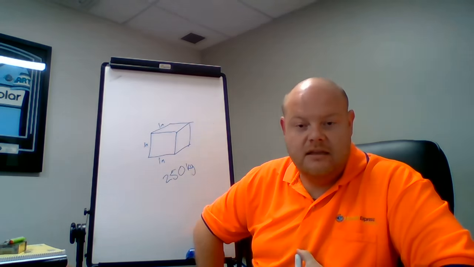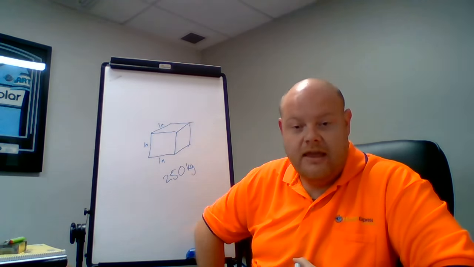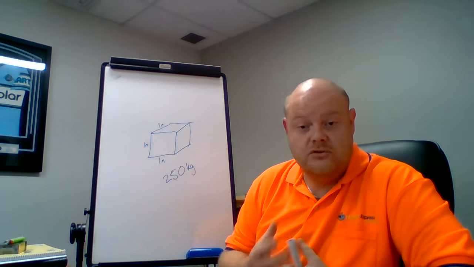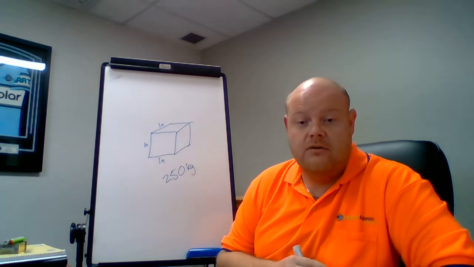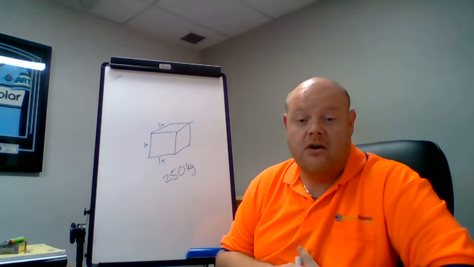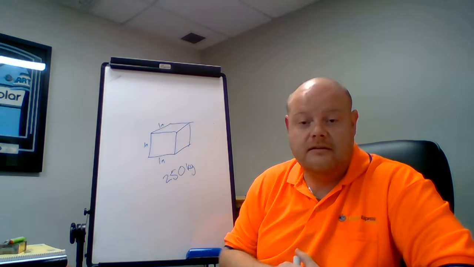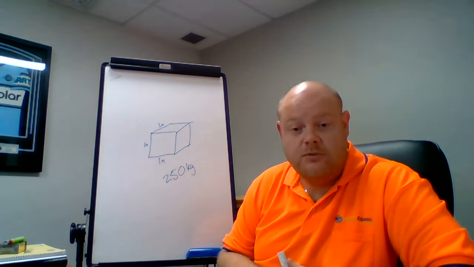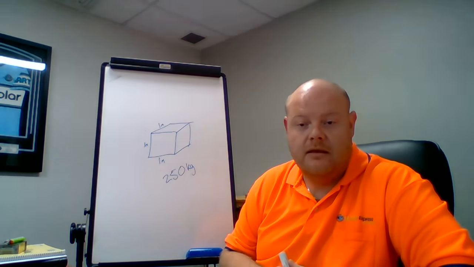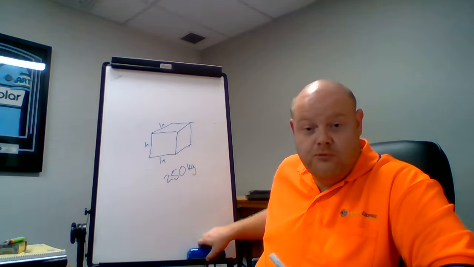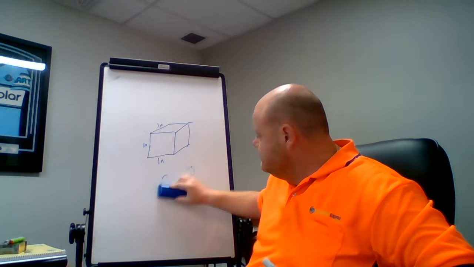This is where we start to lead into the idea of how does a customer get charged? Do they get charged on a kilo scenario, on a cubic scenario for the volume, or by the weight? Well, they get charged for whichever is greater. So I'll give it a real practical example here.